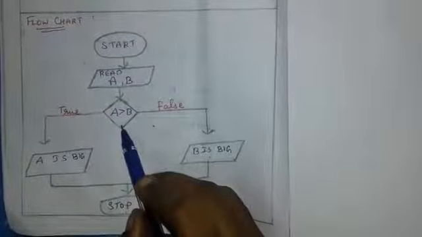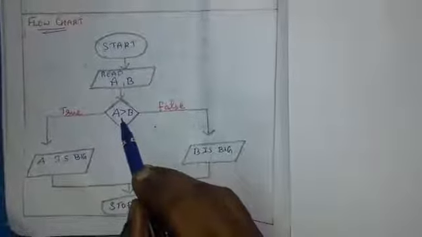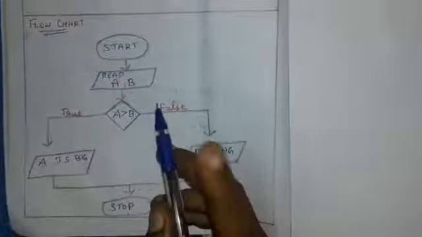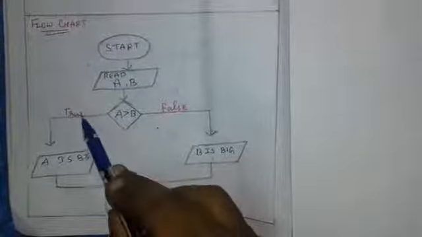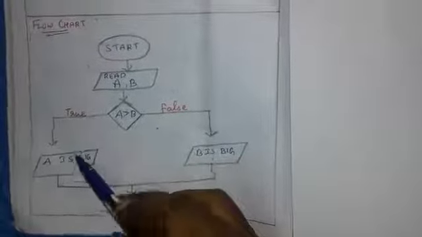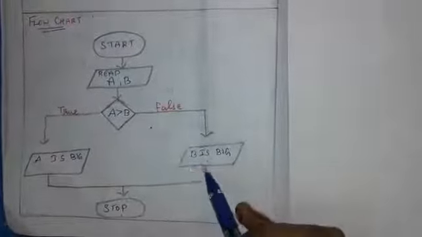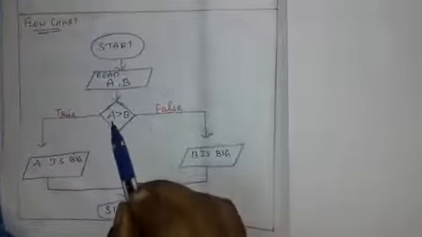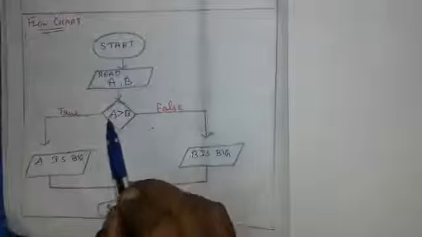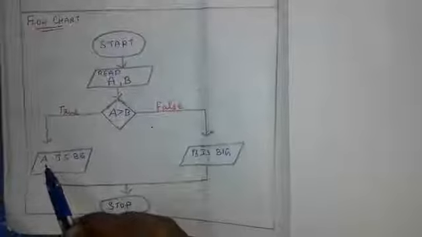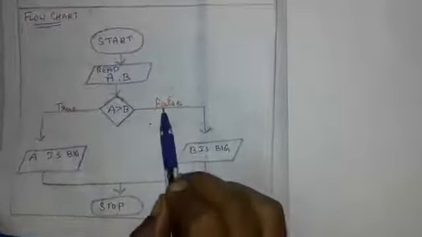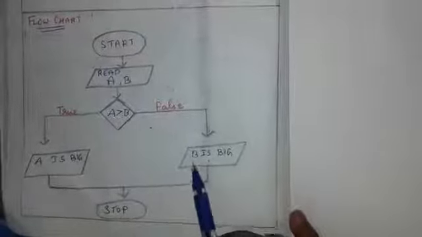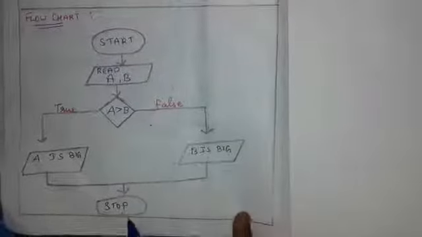The condition for this program is a is greater than b. We will get two answers. If it is true, we get one answer. If it is false, we get another answer. So a is greater than b: true, print a is bigger. False means we print b is bigger. Stop.